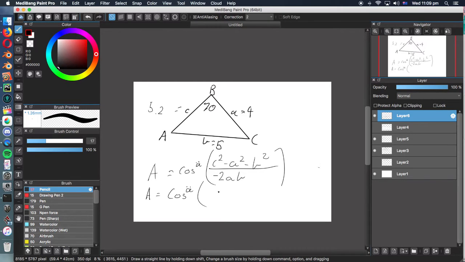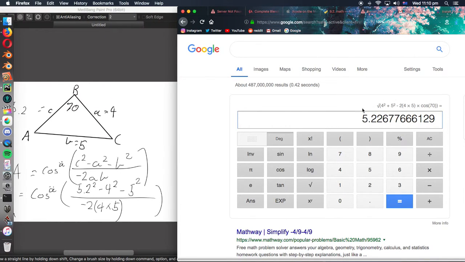C squared, so 5.2 squared, minus 4 squared, minus 5 squared, over 4 times 5. Now you just punch it into the calculator and we get an answer. Oops, I forgot to close the parentheses. It doesn't matter, the calculator does the syntax for us.